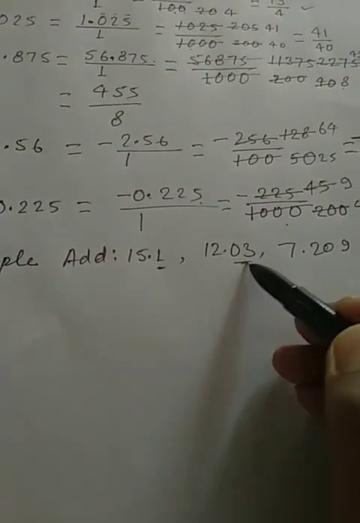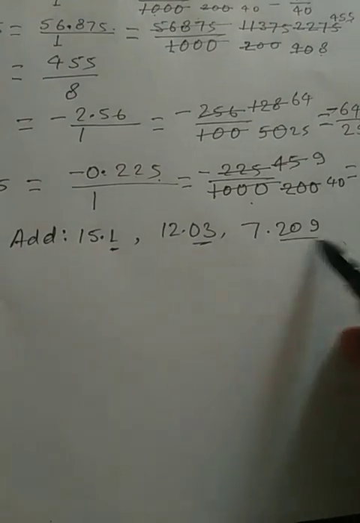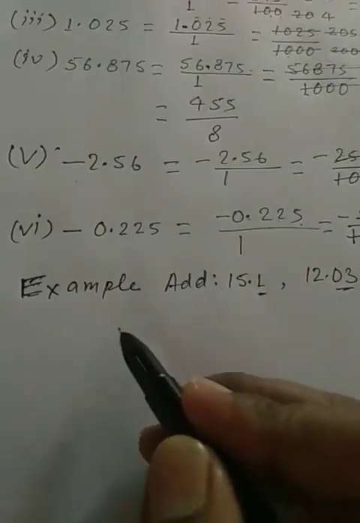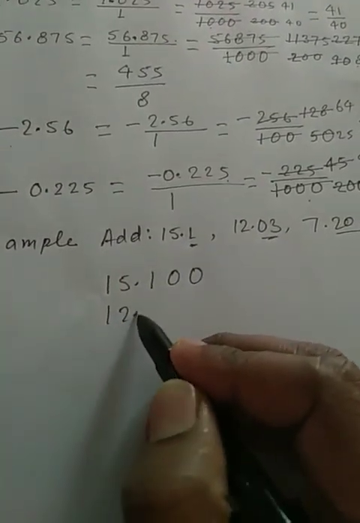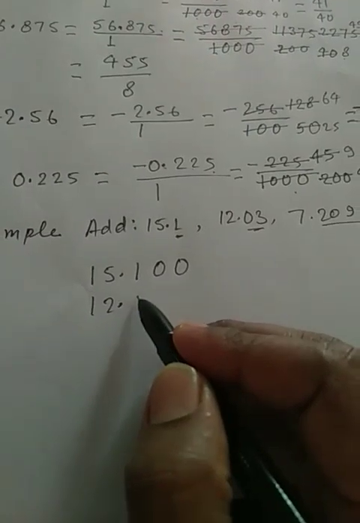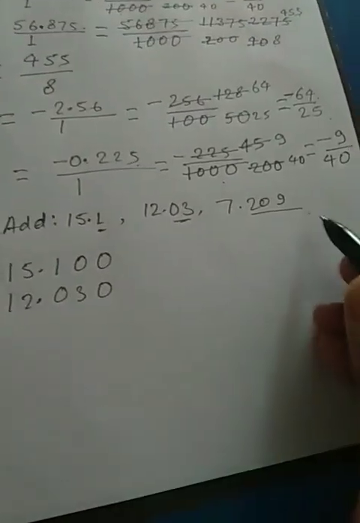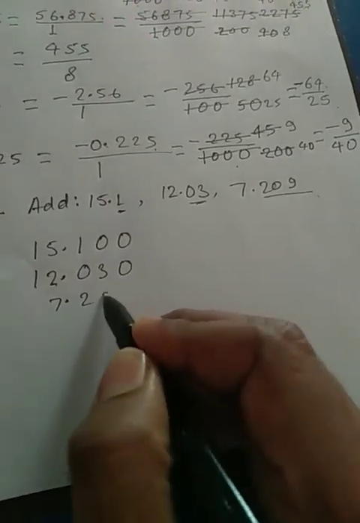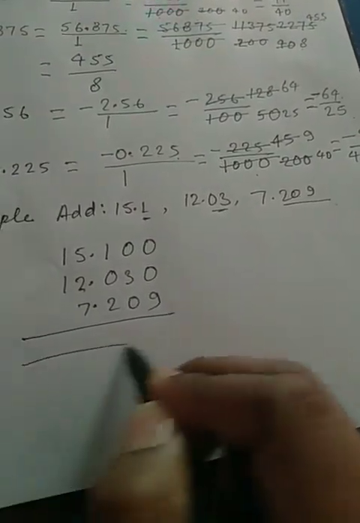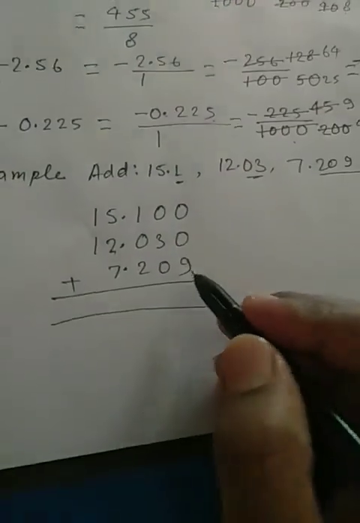We have to be careful about the decimal parts. We have to make them like decimals: 15.100, 12.030, and 7.209, and then add. Very simple addition.